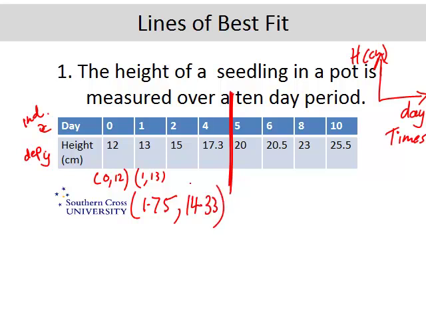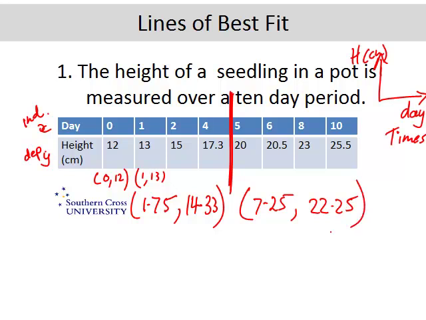So that's the lower mean. Now the upper mean: the x coordinate is the average of 5, 6, 8 and 10, so that's 7.25. And the average of the y is 22.25.